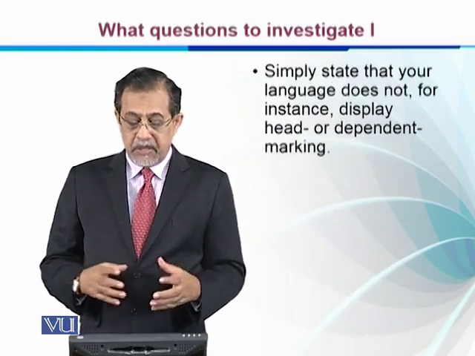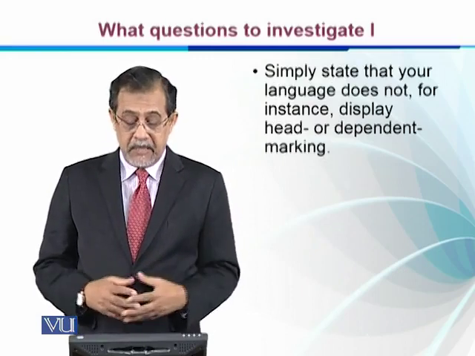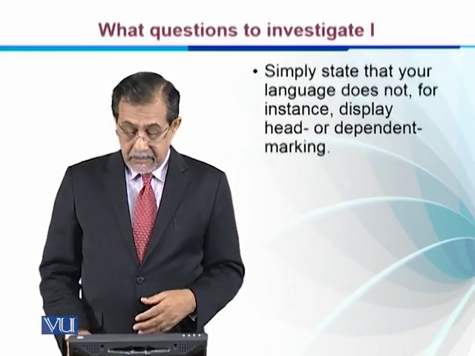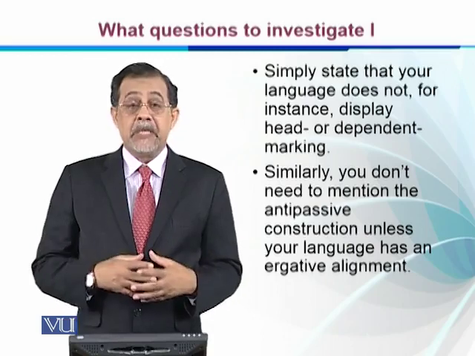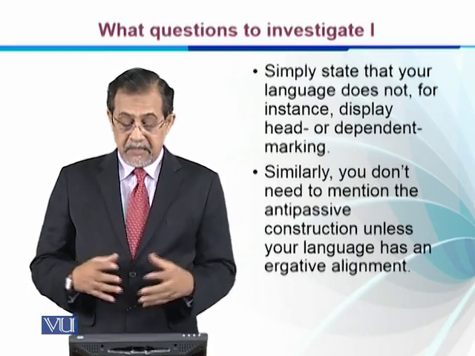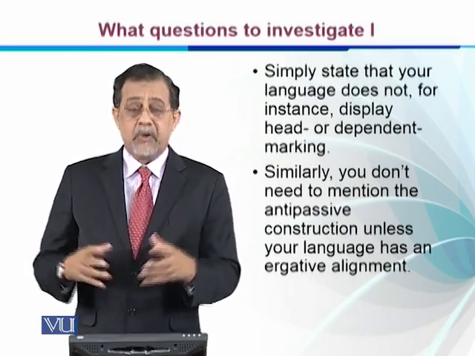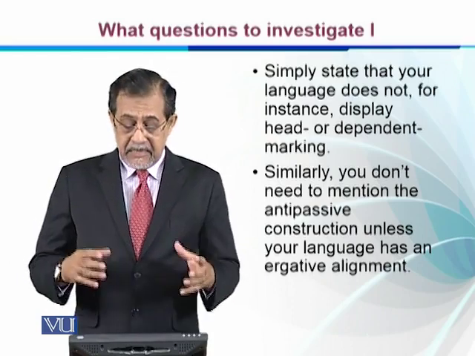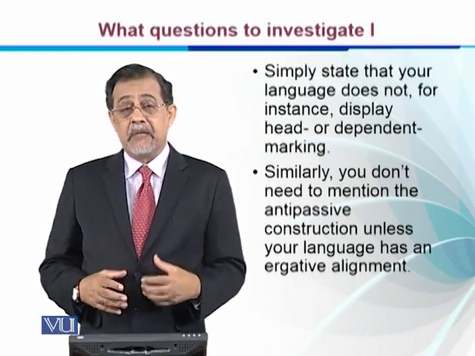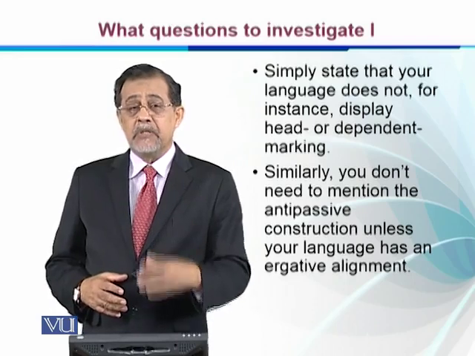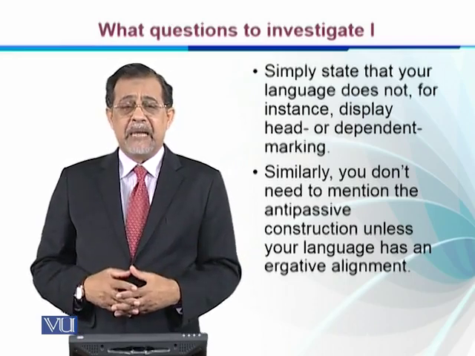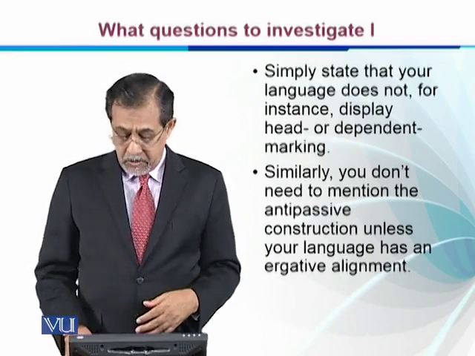Simply state that your language does not, for instance, display head or dependent marking. Similarly, you do not need to mention the antipassive construction unless your language has an ergative alignment. So what is not in your language should not be mentioned from the other language.